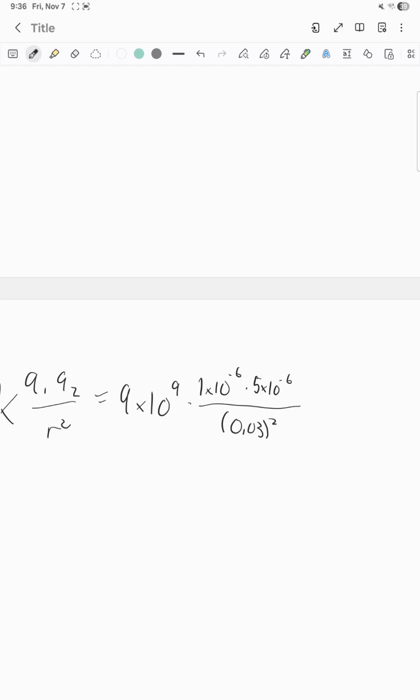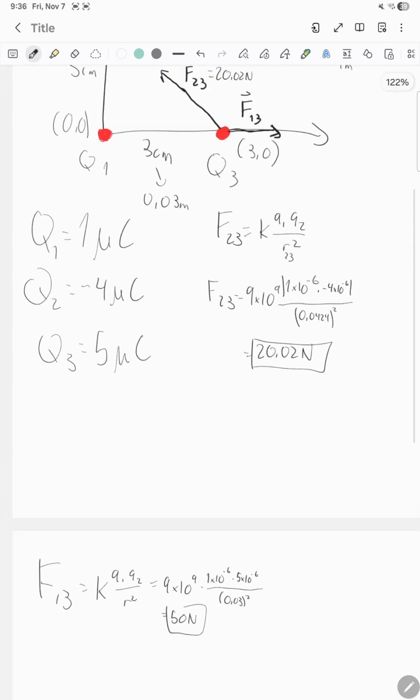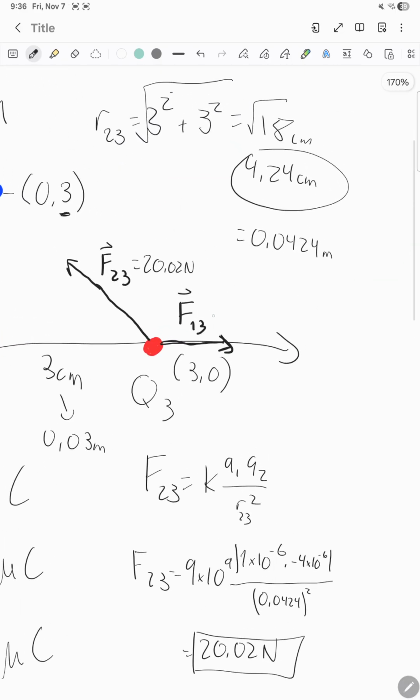And it'll give us 50 newtons. So now we know that F13 is 50 newtons.